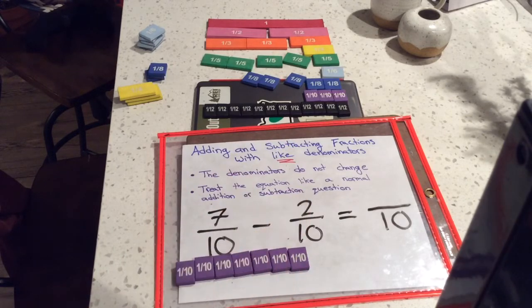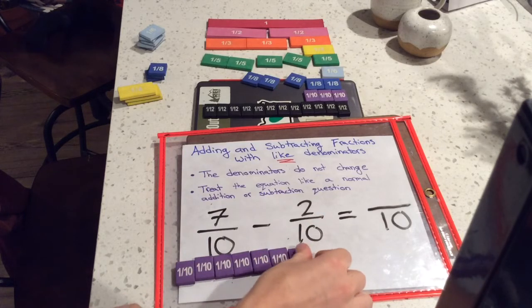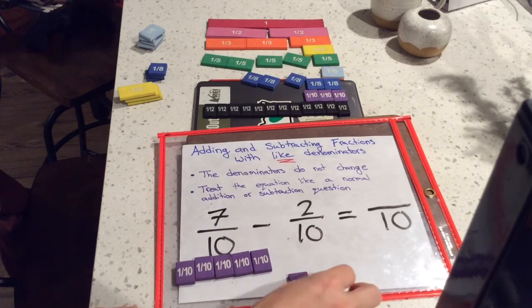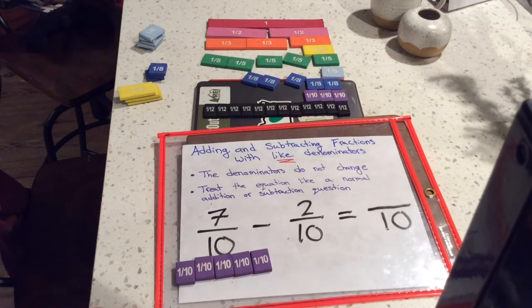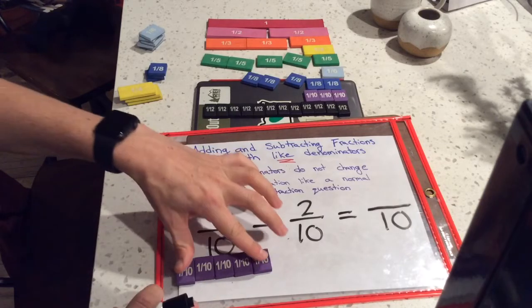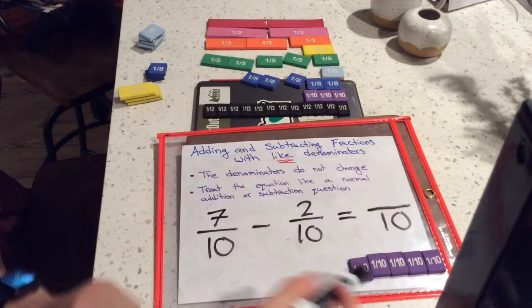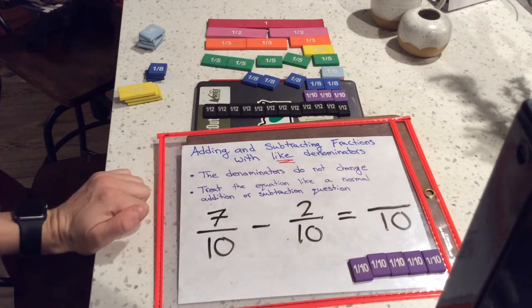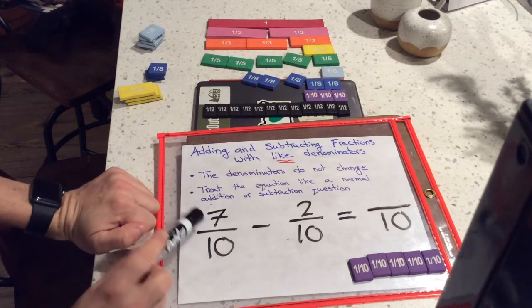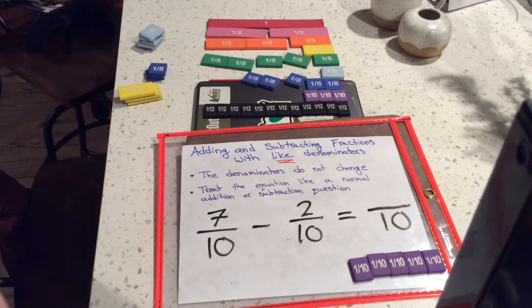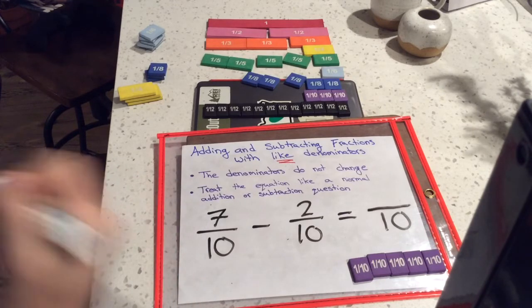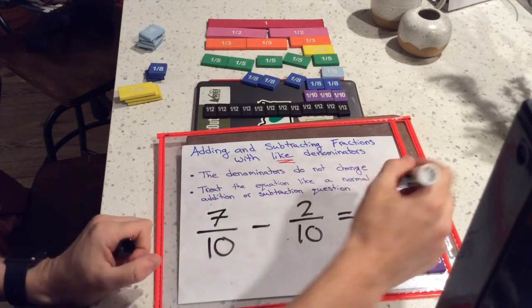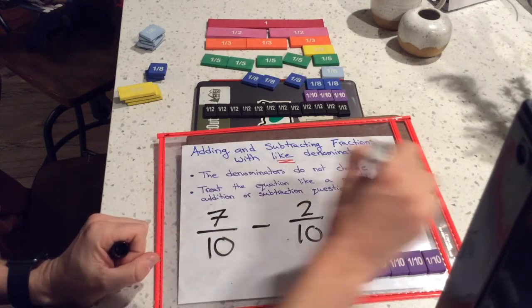I'm subtracting out 2/10. So I can take 1 away and 2 away. And I'm left with, I'm going to slide this over to my answer, 1, 2, 3, 4, 5, which would be our second rule in action there. We treat it like a normal subtraction question. 7 minus 2 is 5.